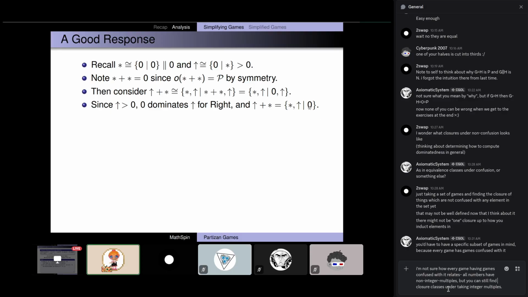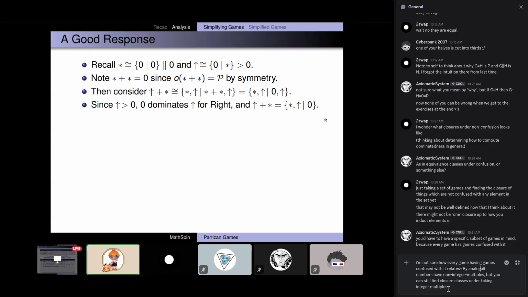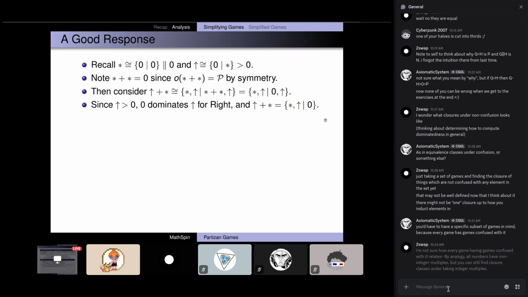So we're applying our theorem from the previous slide. This is some nice simplification. It's a lot simpler looking than the definition of up plus star. Any questions about these steps before we do some next steps? Okay.